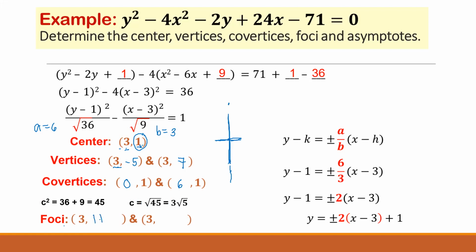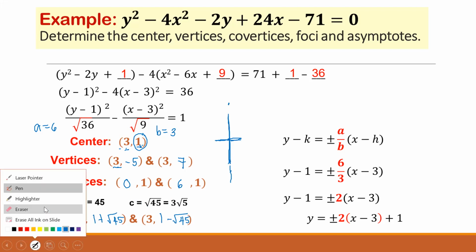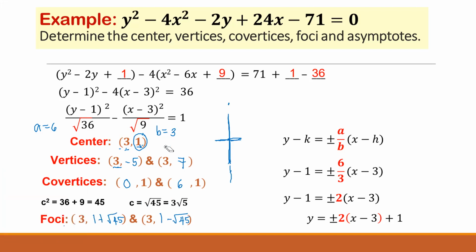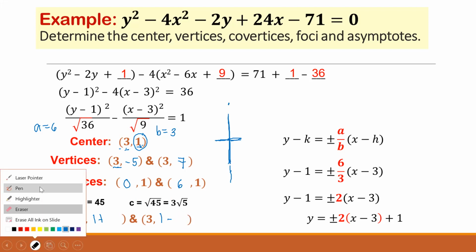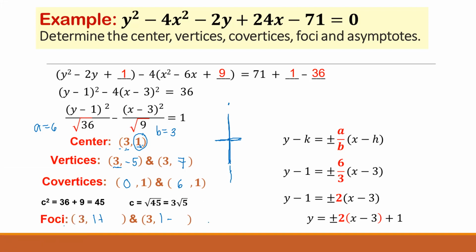So we have 1 plus square root of 45, regardless kung mauna yung minus or plus. Let's change that to the simpler form of the radical. So gawin natin siyang 1 minus 3 square root of 5 and 1 plus 3 square root of 5.